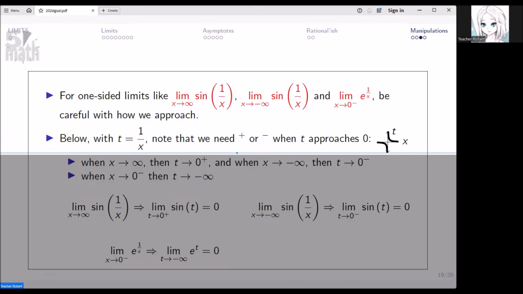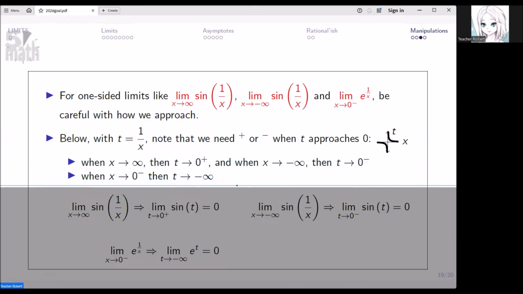Below, with t equals 1 over x, note that we need positives or negatives when t approaches 0. When x approaches infinity, then t approaches 0 from the positive. And when x approaches minus infinity, then t approaches 0 from the negative. When x approaches 0 from the negative, then t approaches minus infinity.